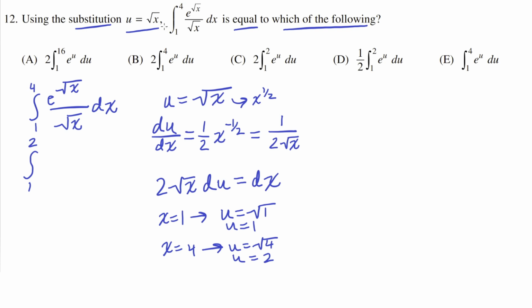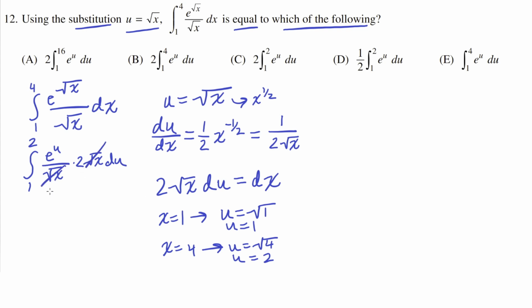Now let's plug in the inside. So we have e raised to the square root of x. The square root of x is equal to u, so we'll have e raised to the u. And in the denominator, we'll keep this as the square root of x. We could substitute this in as u, but we'll see that the square root of x is just going to cancel out with this, because dx is equal to 2 times the square root of x du.